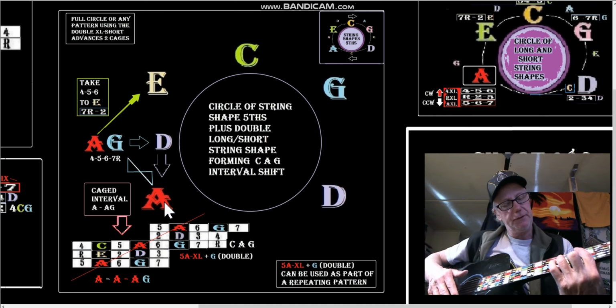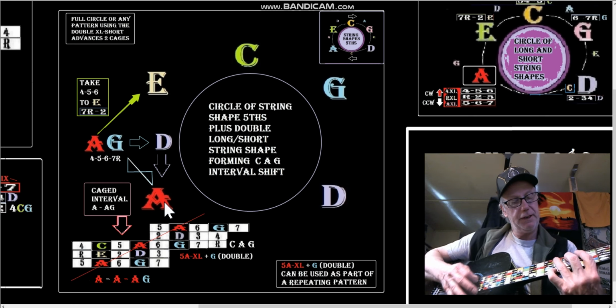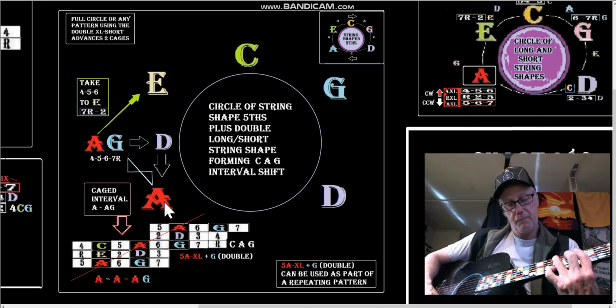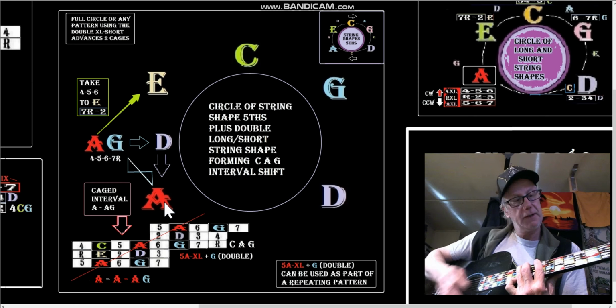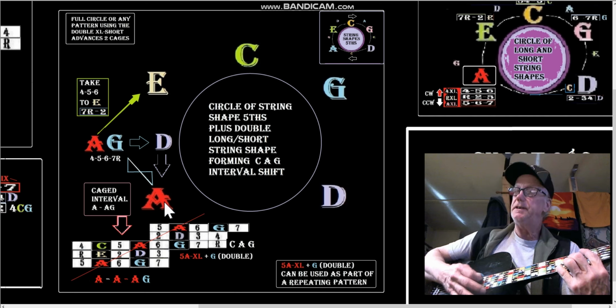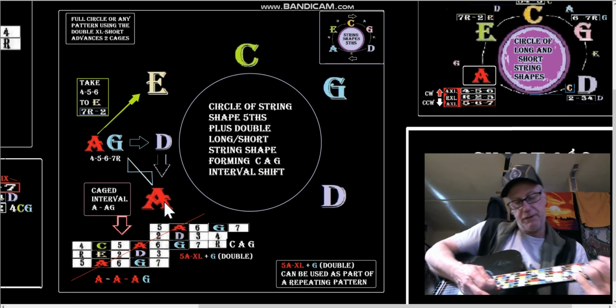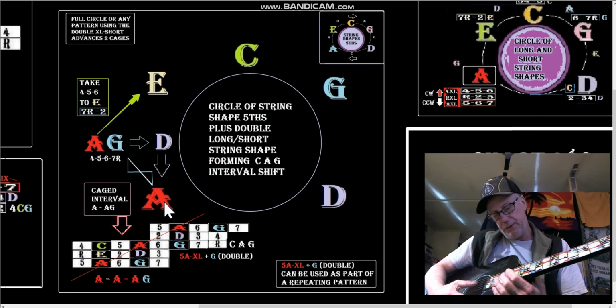What we do is with the C shape, it stays the same. Now when we do our G here, we're going to slide that same shape up to here. Okay? So it's C to G. Now with the D shape, I'm actually going to play a D. Now we're going to slide that same shape all the way up here to this D right here.